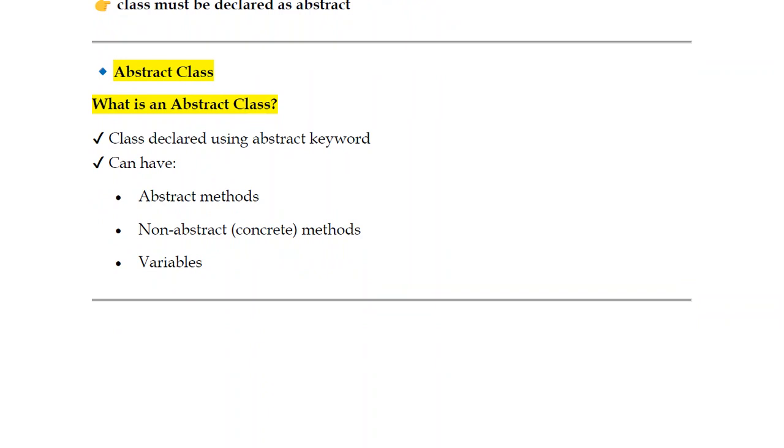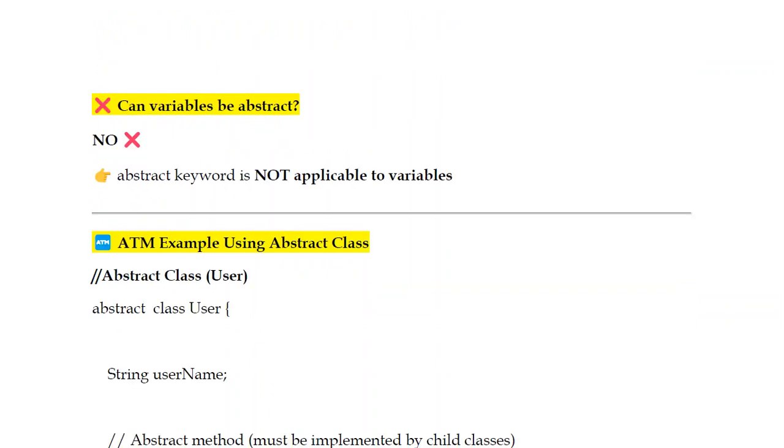So these three parts will be present in an abstract class. A class declared using the abstract keyword is called an abstract class. It can have abstract methods, non-abstract methods, or concrete methods, and variables.